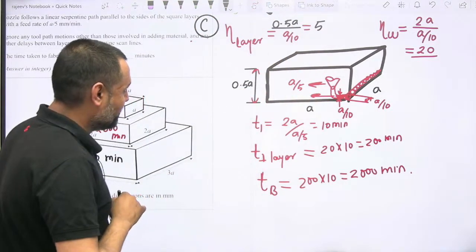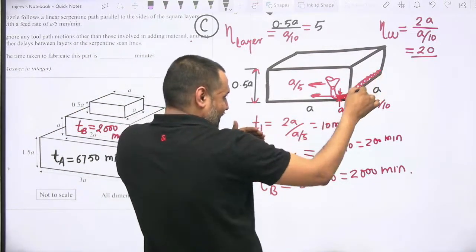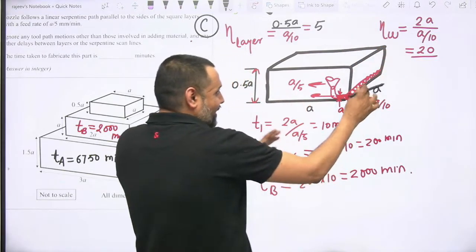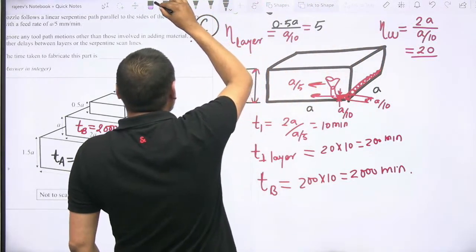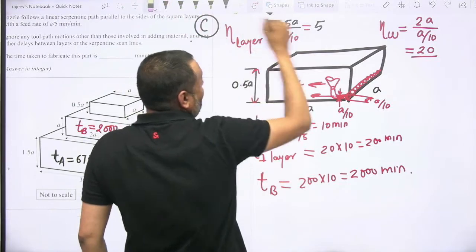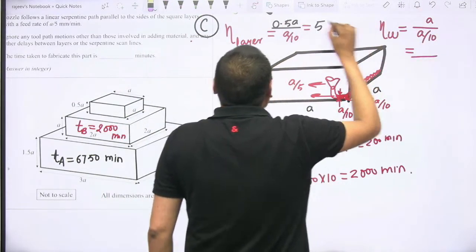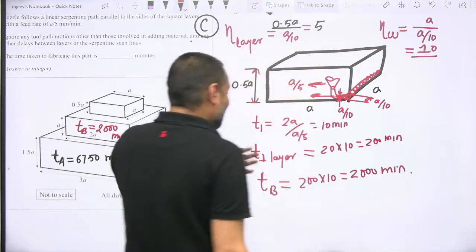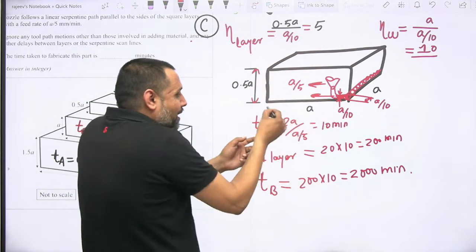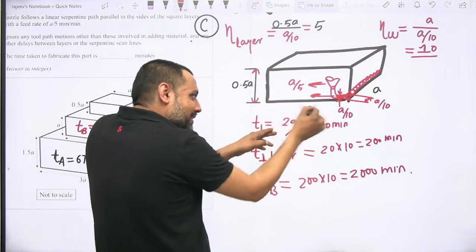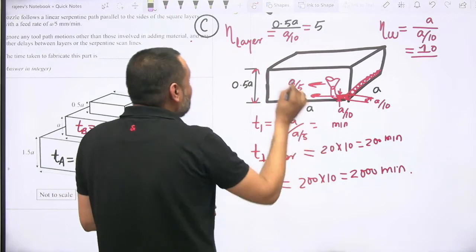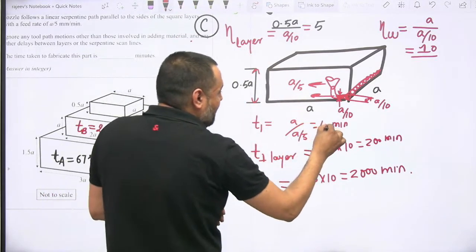And my dear students, in the width direction, the number of serpentine movements required, if you calculate, instead of 2A by A by 10, it will become A by A by 10. So that will be equal to 10. Now look at this. Time taken in one pass, now instead of 2A, since this length is A, it will be A divided by A by 5, which is equal to 5 minutes.